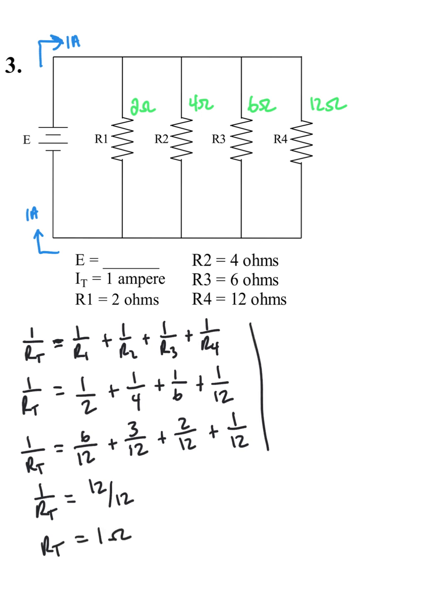So now that we know the resistance total, we can go ahead and solve for voltage. And voltage in this case will be equal to the total current times the total resistance. And so we have 1 amp times 1 ohm.